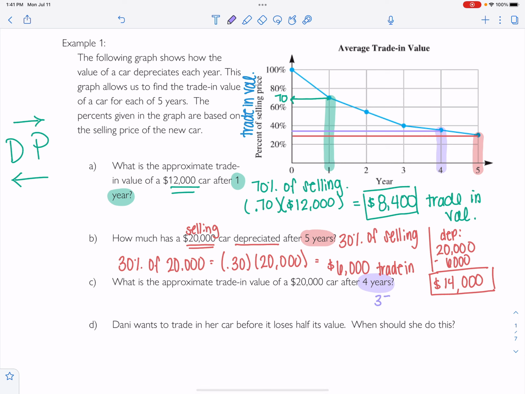So 35% based on my graph. Well, just like before, I need to convert that to a decimal, 0.35 times my selling price, $20,000. When I multiply those, I'm going to get a trade-in value of $7,000.